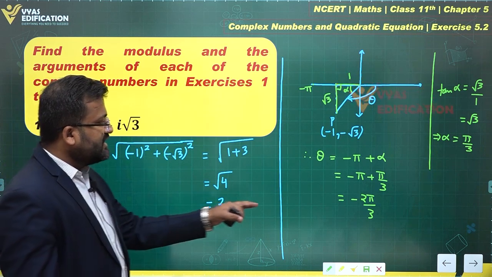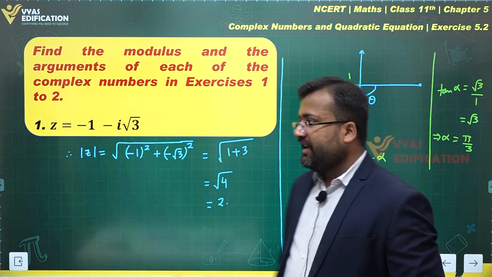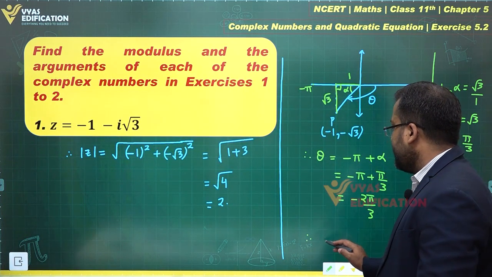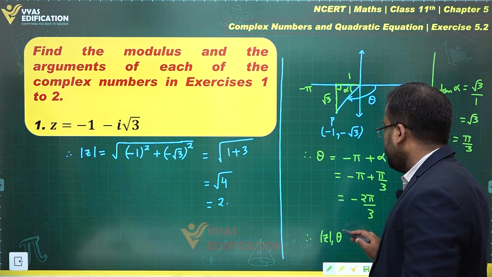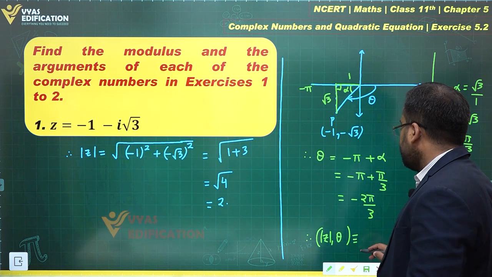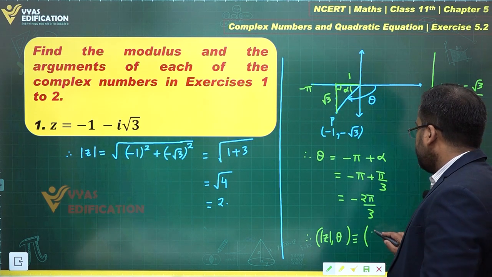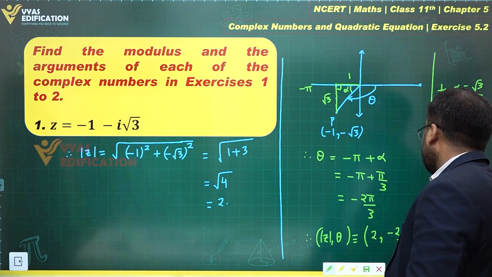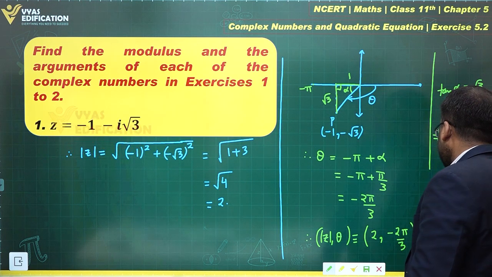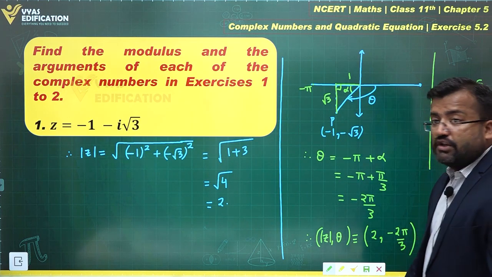So we have found the modulus and we have found the argument. Therefore, we can simply say mod z comma theta actually equals 2 comma minus 2 pi by 3. And yes, this is my final answer for this question.